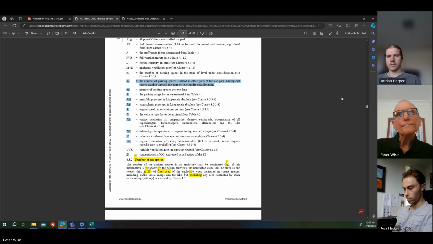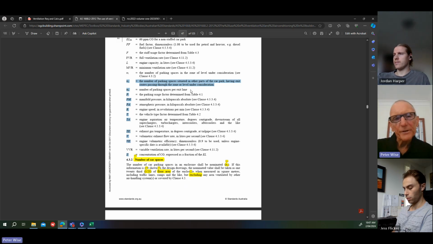So if you've got a multi-level basement car park, normally B1 would be the highest level of basement, and then B2, B3, B4, etc. as you go down. So let's say you're looking at the exhaust you need for B1. Well, sorry, the exhaust from that level is going to include the exhaust required for cars that come from lower levels, is what that's trying to say.